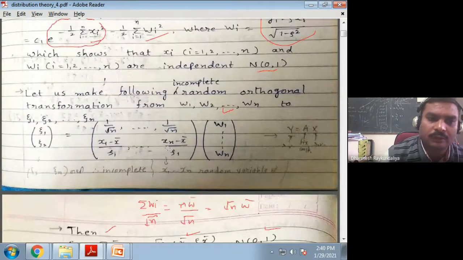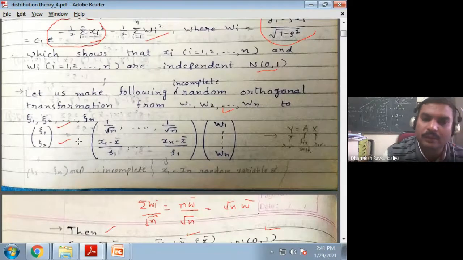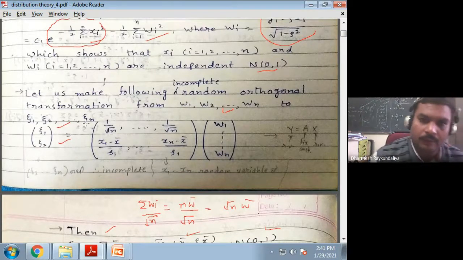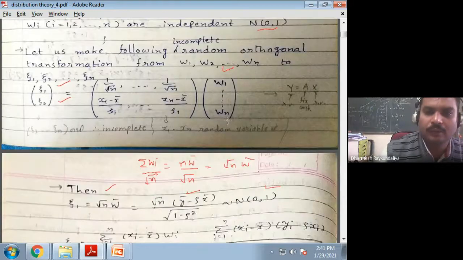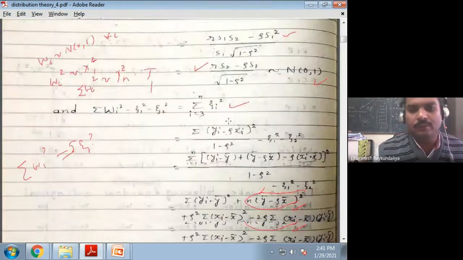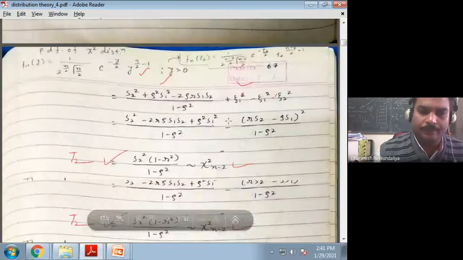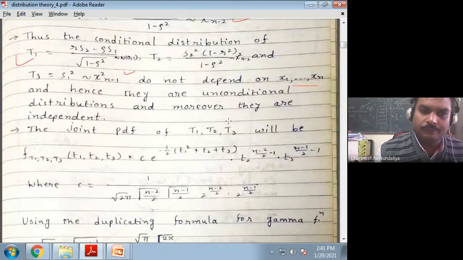Because whatever the incomplete transformation we applied, xy1, xy2, and summation wi square minus xy1 square minus xy2 square are independently distributed. That is the property of incomplete random orthogonal transformation. And we redefined them as t1, t2, t3. Therefore they are also independent.